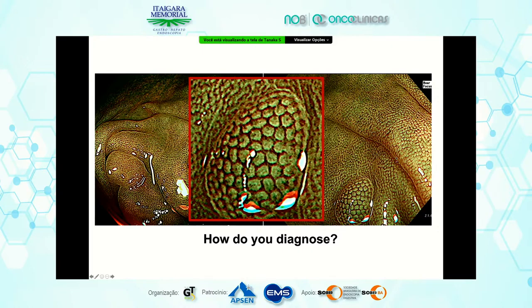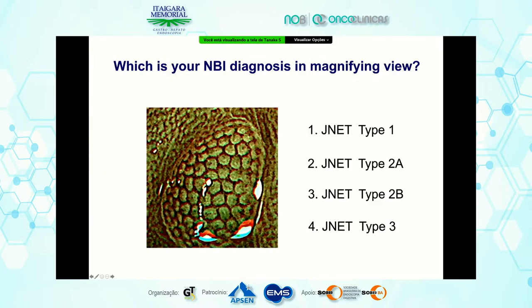Even in normal chronic mucosa, if there is mild inflammation, a honeycomb vessel pattern like this occurs. So we have to subtract the vessel pattern of the surrounding mucosa from the lesion. This is JNet type 1.